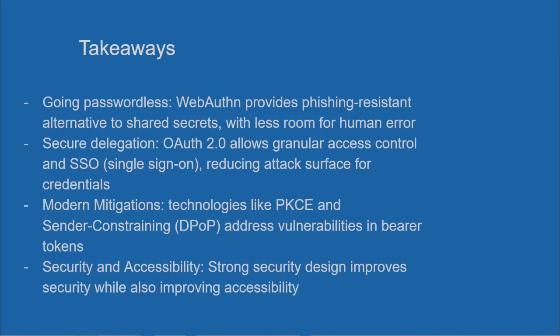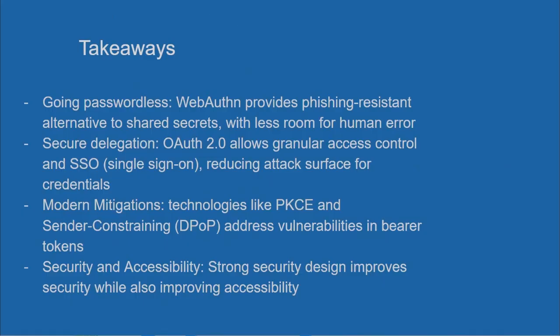All right, so to wrap things up, we've seen traditional passwords are no longer enough to protect modern web applications. By moving towards a passwordless model with WebAuthn, we can eliminate risks of phishing and credential stuffing through asymmetric cryptography.